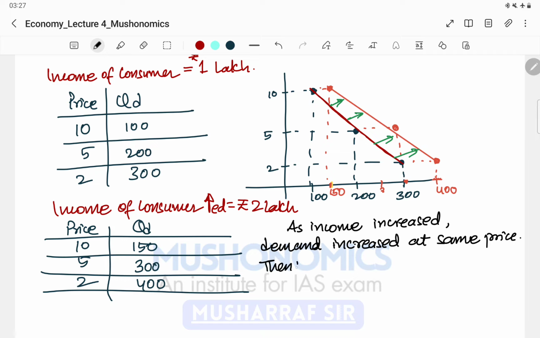Then the demand curve shifts to the right.